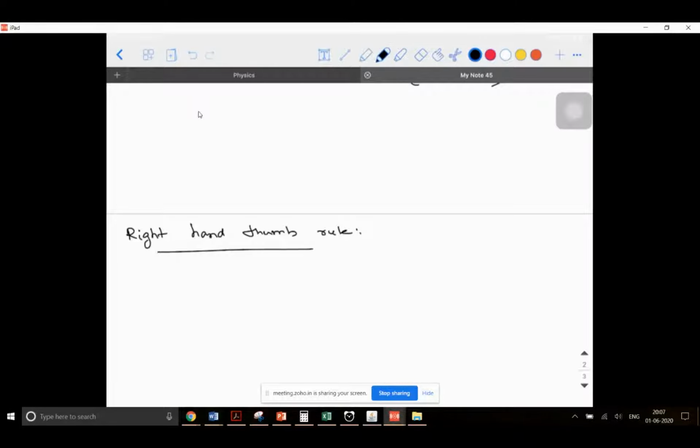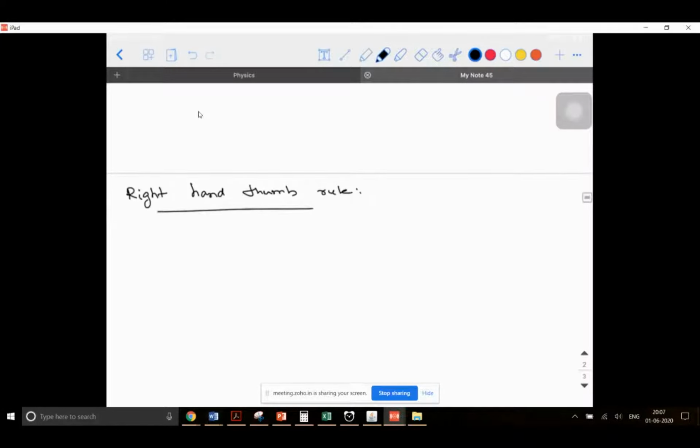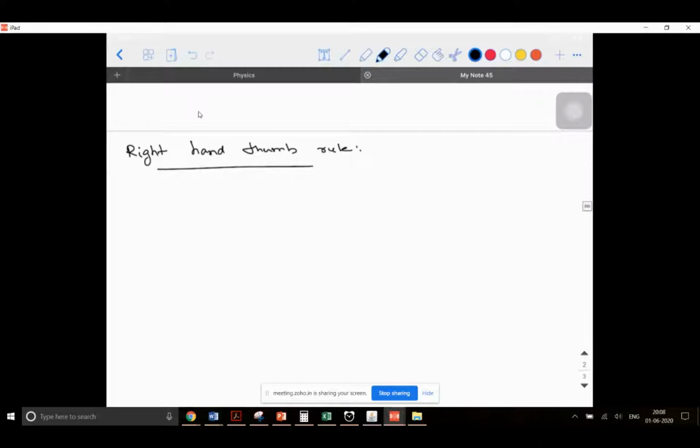Let me tell you how this right hand thumb rule is stated. It is stated like this. You can make a note of it.